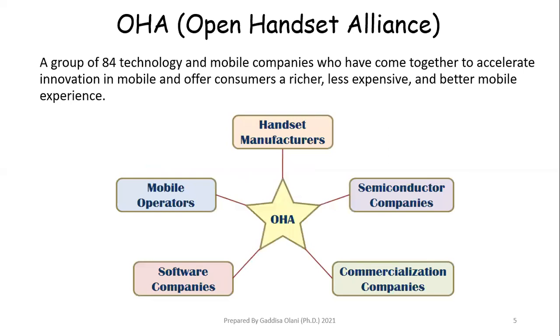This is a typical structure of the OHA. The list of companies involved in the standardization of the Android OS, if you count them, is nearly 84 companies, which include mobile operators, software companies, and semiconductor companies.